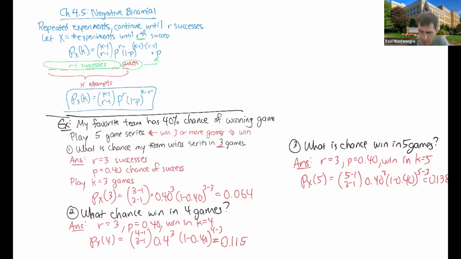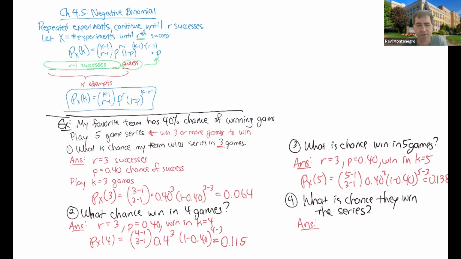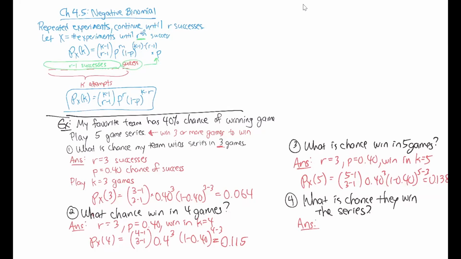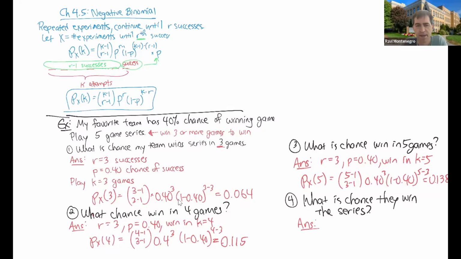And the question that we really want to know is, what is the chance they win the series? So how can I answer this question? Anyone? A summation. Yeah, so winning the series just means that they won in 3, 4, or 5 games.